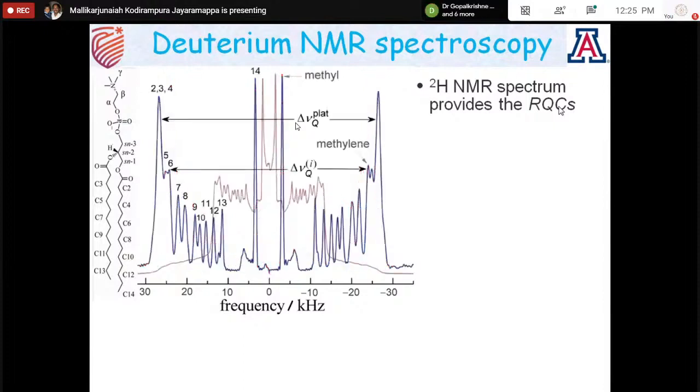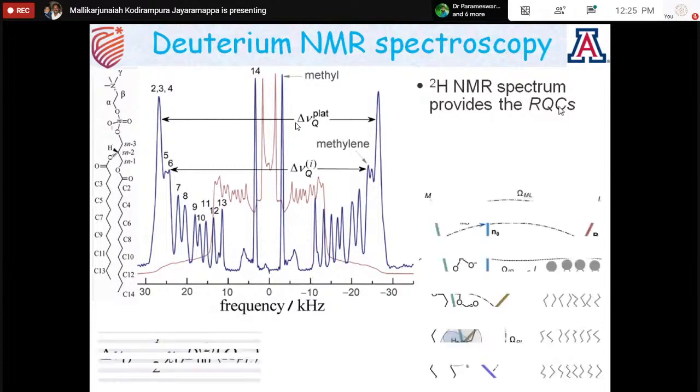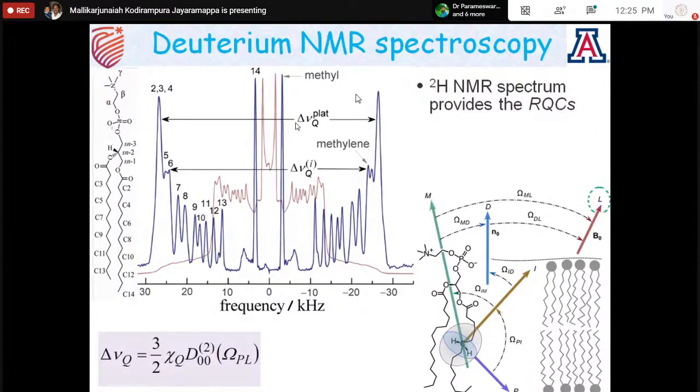Once this assignment of atoms for each peak is done, then, as we discussed earlier, there is delta nu q, the quadrupolar splitting. That quadrupolar splitting is related to the angle subtended by the principal axis system, the carbon-deuterium bond, with respect to the laboratory frame.